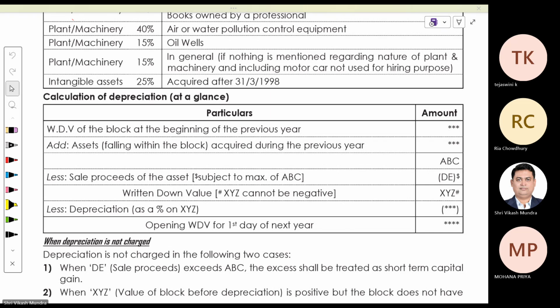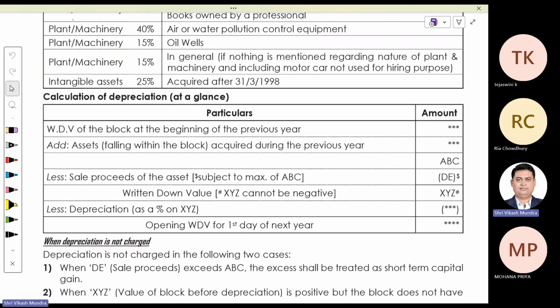Now, last night we discussed how to calculate depreciation in income tax law. We provide depreciation on the basis of block of assets, not on individual assets. How to create a block of assets?